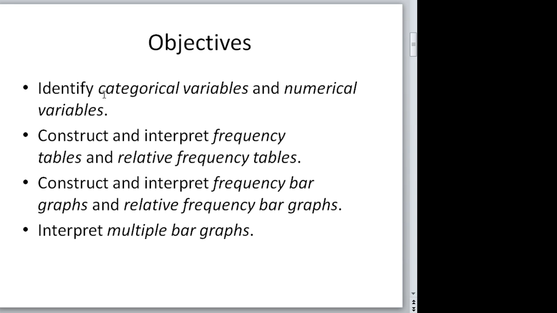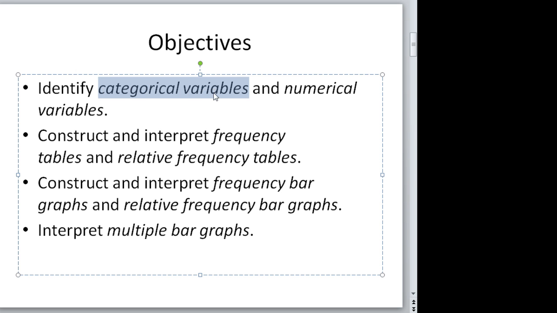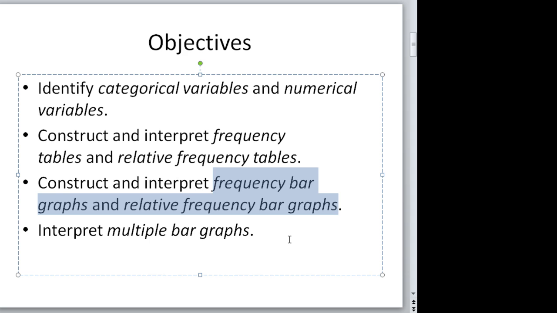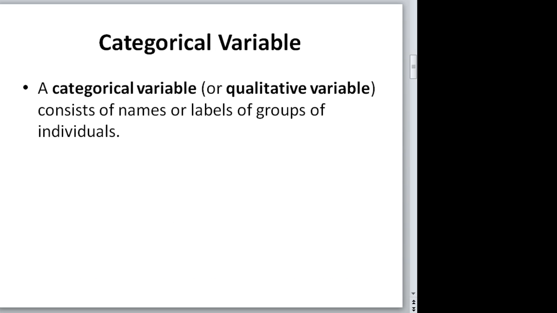So we're going to talk about categorical variables and numerical variables, and also how to construct and interpret what's called the frequency table and the relative frequency table. And once we construct that table, we're going to talk about how to construct a frequency bar graph and a relative frequency bar graph, and also how to interpret these bar graphs as well.